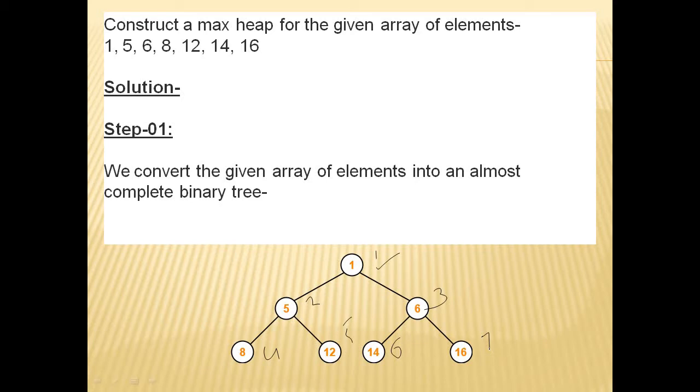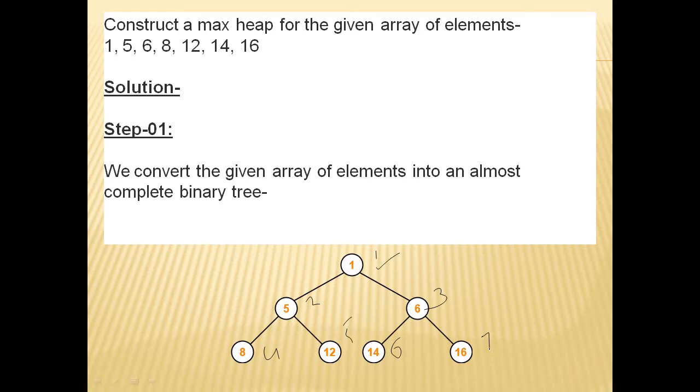So the first step is we need to convert the given elements into a complete binary tree. Now this is a binary tree, but it is not a heap tree. So what are the rules for a heap tree? If it is a max heap, the root element's data should be greater than its children's data.